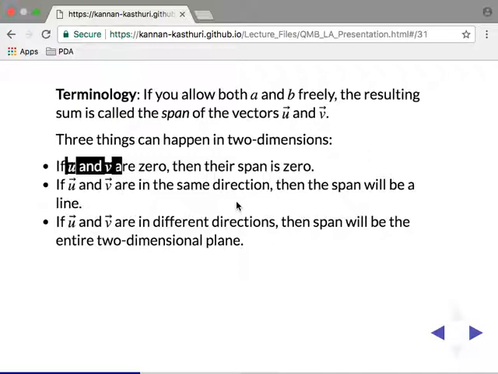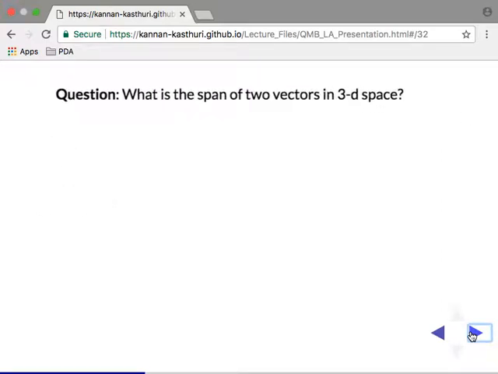You have two basis vectors in the same direction, so the span will be just one line. And if they are in different directions, the span would be the entire plane. So these three things can happen. That's span. What is the span of two vectors in three-dimensional space?